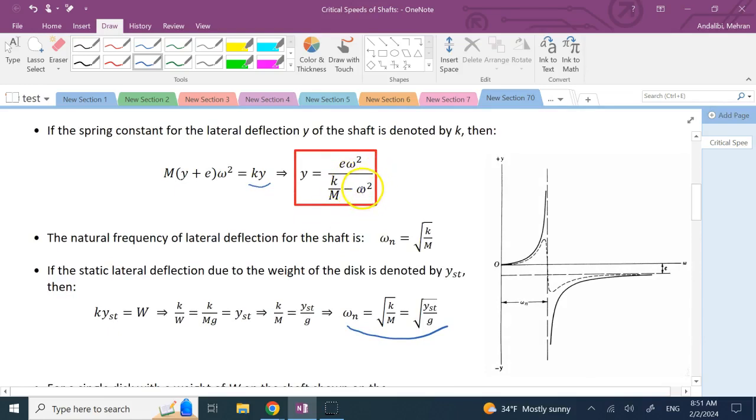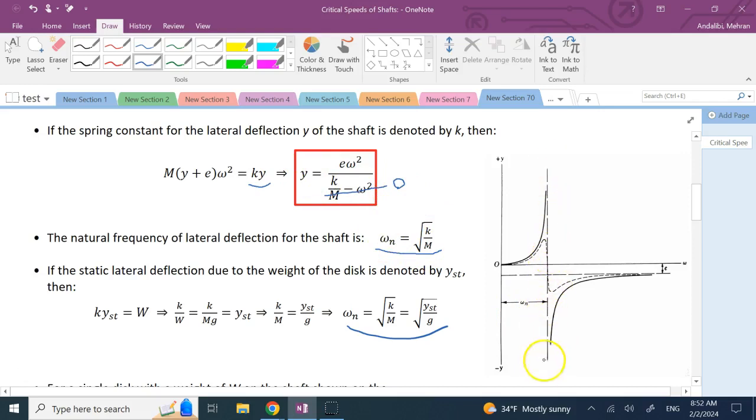depending on how much omega you have in comparison to the square root of K over M, which we call the natural frequency or the critical speed of the shaft, then you'll see that the sign of the Y will be different. For instance, if omega is exactly equal to omega n, or square root K over M, then this denominator will be 0, and so your Y, as you can see here, is going to have this vertical asymptote.